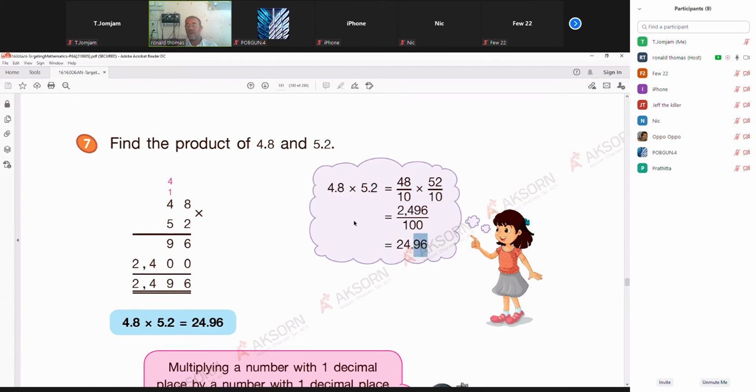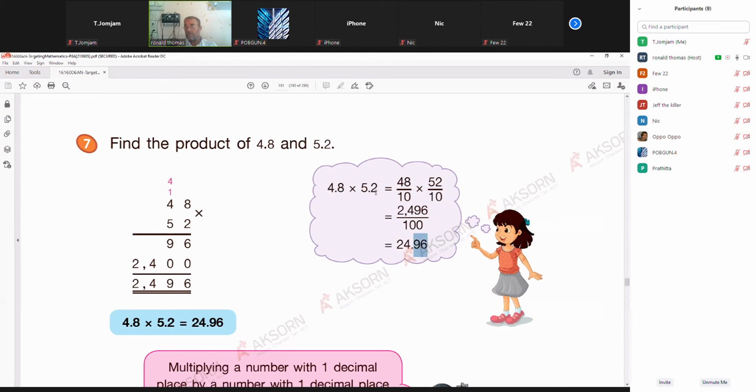Your answer will have point and 2 numbers. So if I multiply 48 multiplied by 52, there will be 2 decimal places.